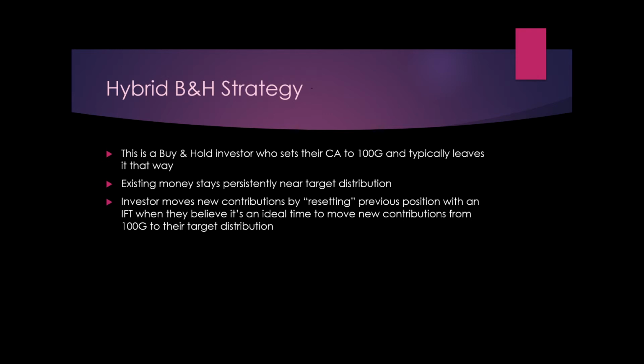Now, even though you might have done a previous IFT to 65C 35S, it doesn't mean it's going to stay that way. In fact, I guarantee it won't. It just takes a single day of share price changes that are not proportional to your distribution for that to change to something fractionally off. So you might have 65 in the C fund at first, but then the very first day the share price changes, maybe the S fund outperformed, and it might drop to 64.9% or something.